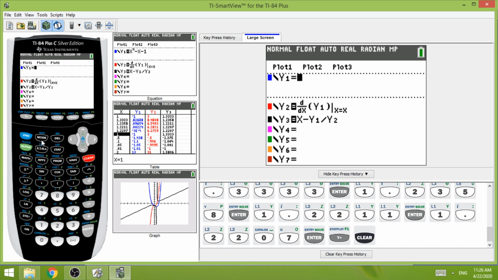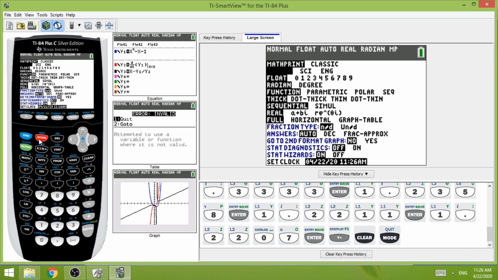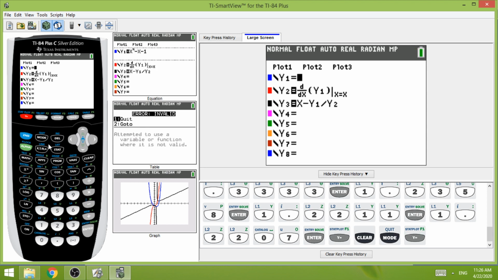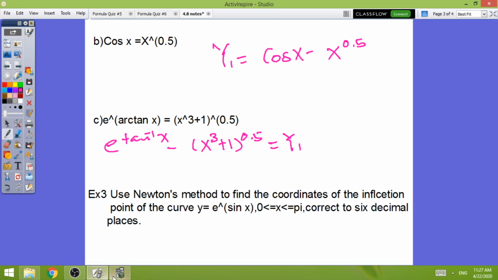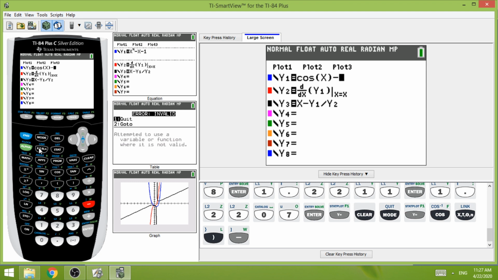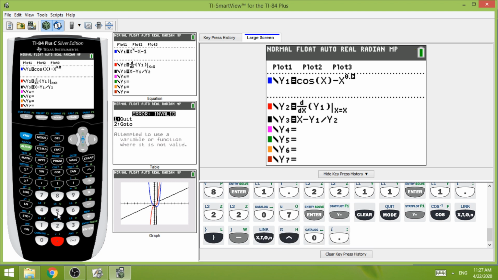Making sure that this one is in radian. Okay, so we do have cosine of x minus x to the power of 0.5. Okay, so once again, second table.